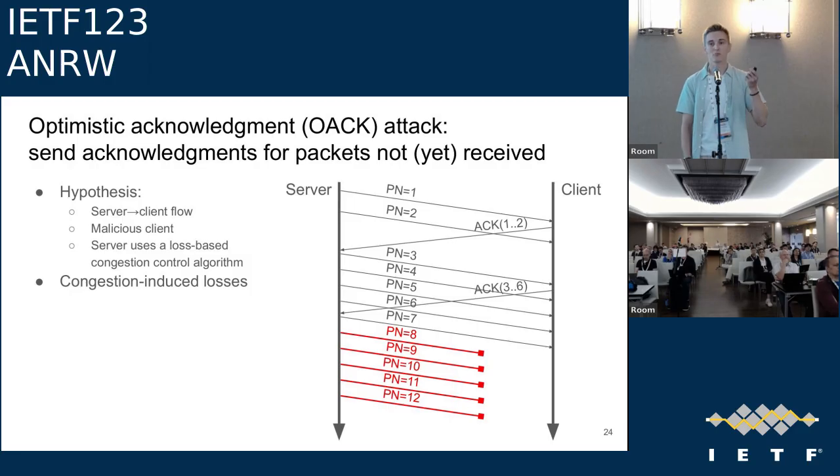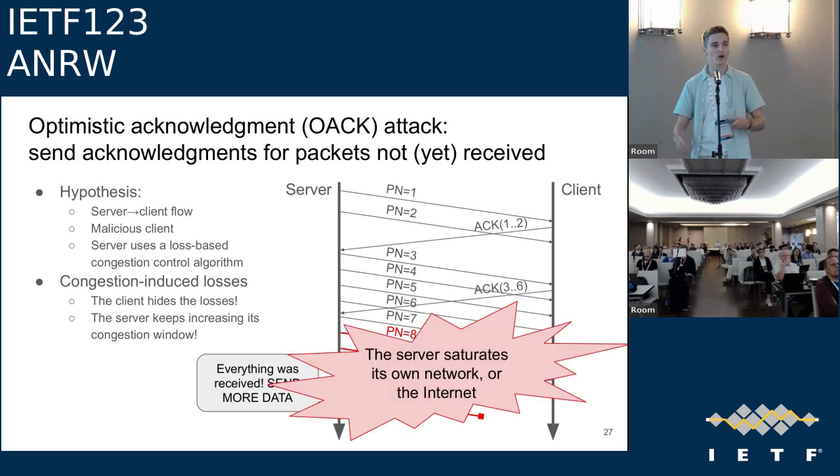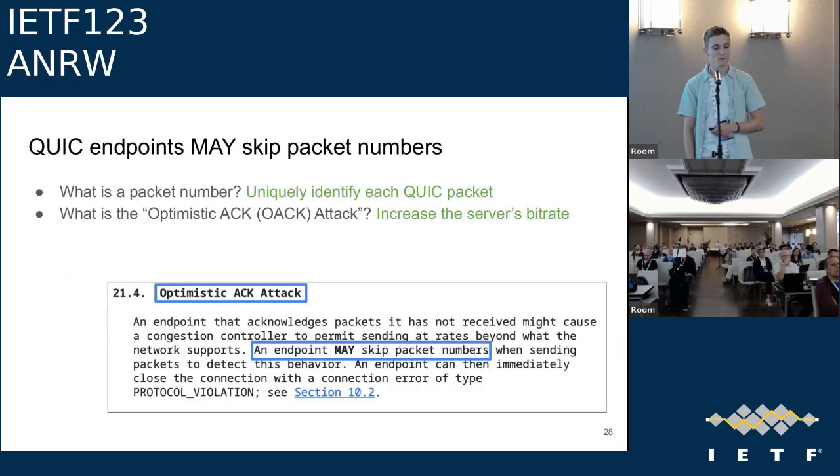By sending these optimistic acknowledgements, the client will say, no, I received everything, don't worry. And so what will the server do? It will say, oh, okay, I can further increase my congestion window. And then at some point, maybe I will saturate my network or the internet. So that's it for the optimistic ACK attack.